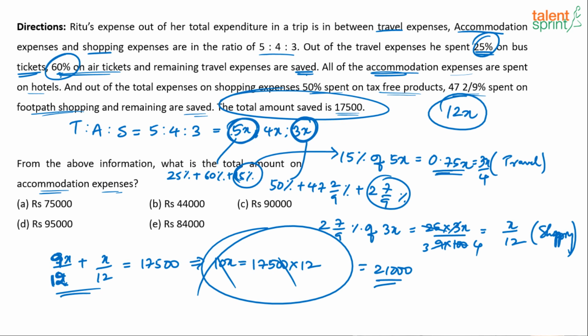What did we find out here? Yeah. So what did we get? 9 by 12, x by 12, 10x by 12. Something is wrong. Why am I getting the total value is only 21,000?